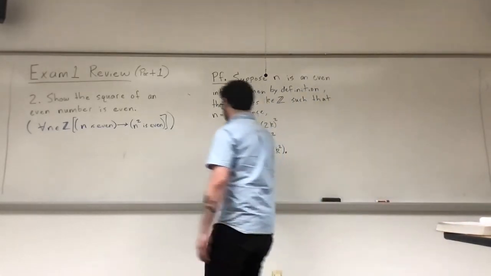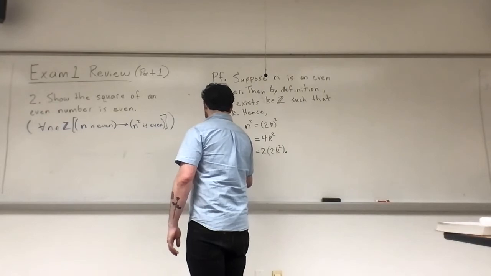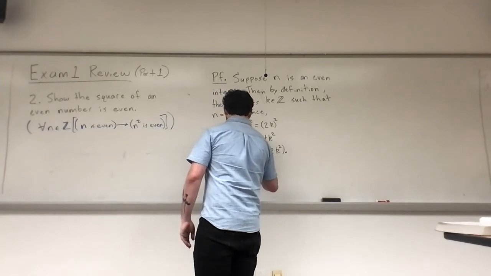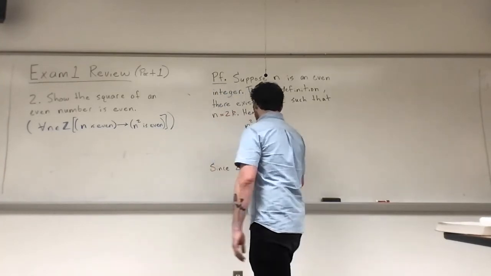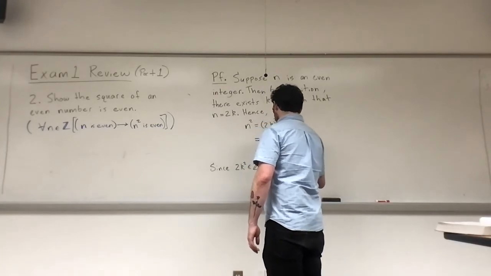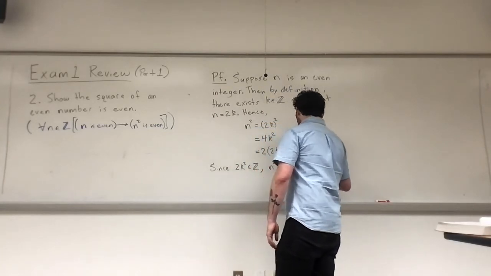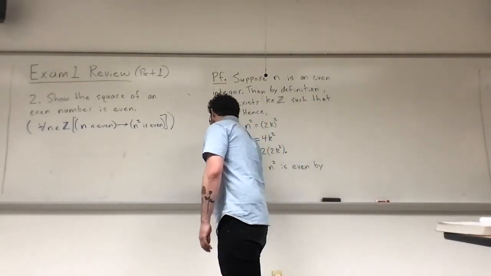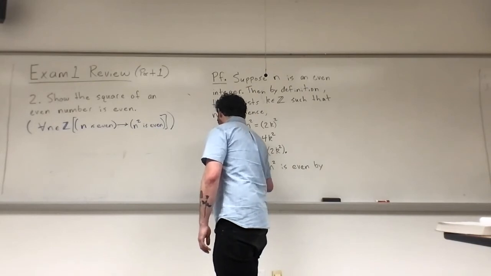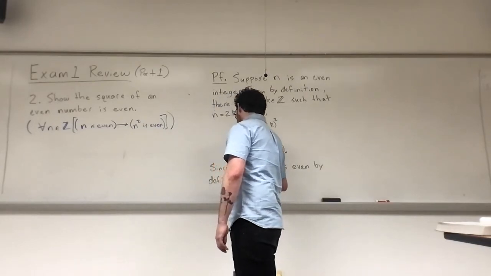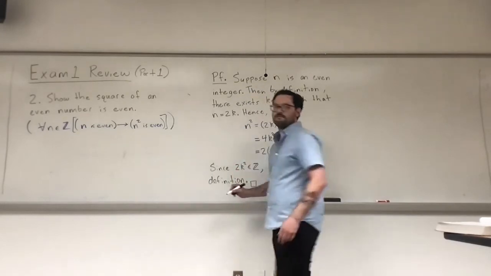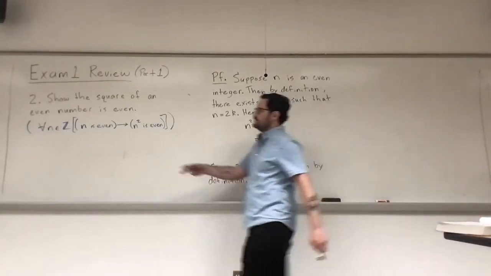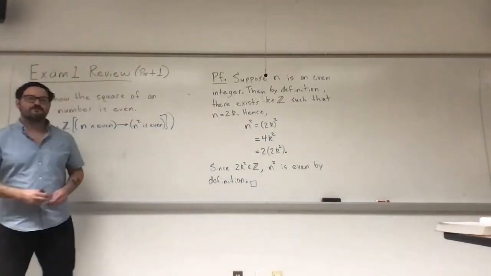So since 2k squared is an integer, n squared is even by definition. QED. Done.